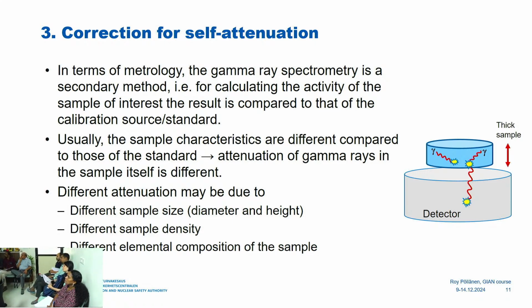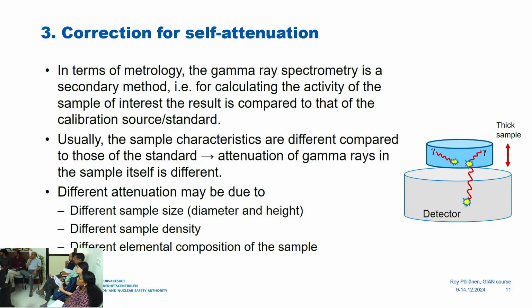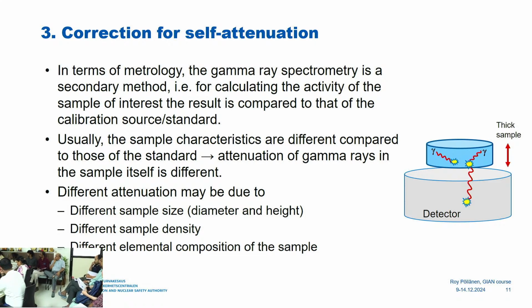It means that attenuation of gamma rays in the sample itself is different. So as you can see here, we can call gamma behavior like this self-absorption. In this case, we can call it self-attenuation, which are more or less the same thing here.